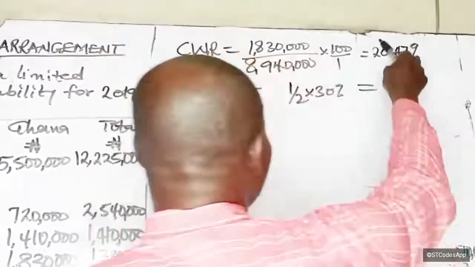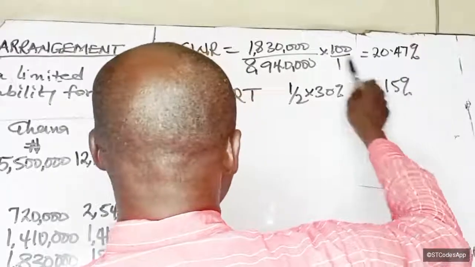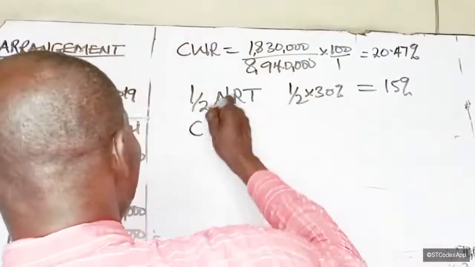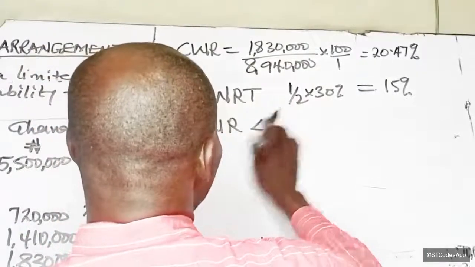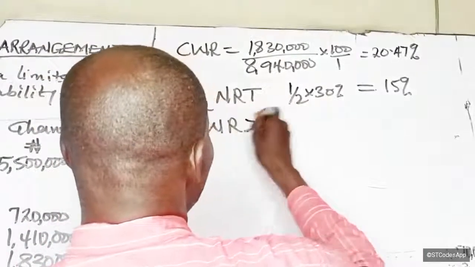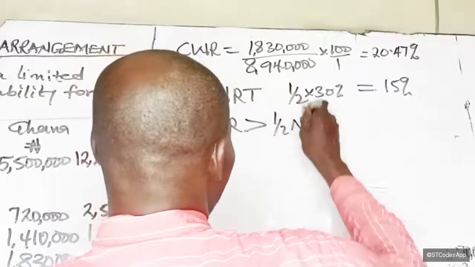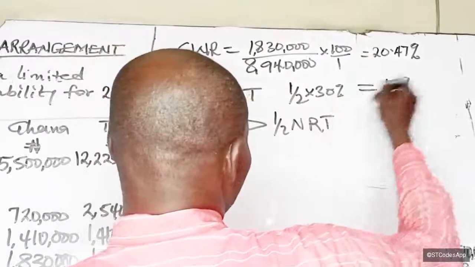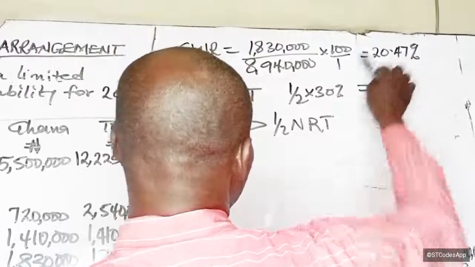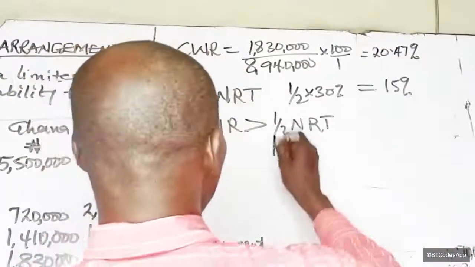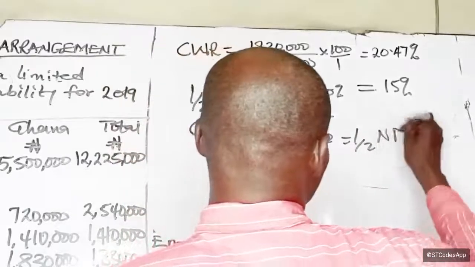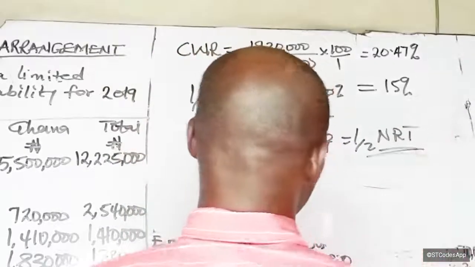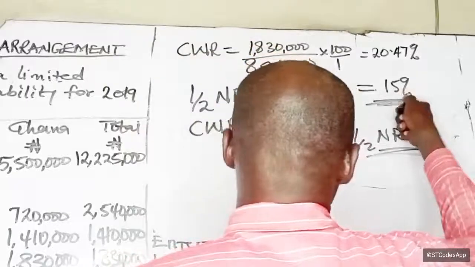We see this is lower than this. So the Commonwealth rate is greater than half Nigeria rate. That means the relief will be half of Nigeria rate of tax, since the company is a Nigeria company. Therefore, the relief is 15%.